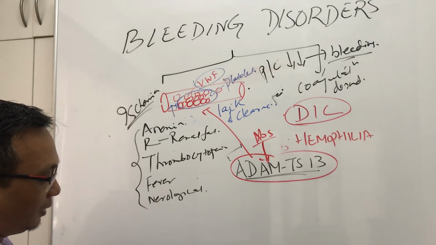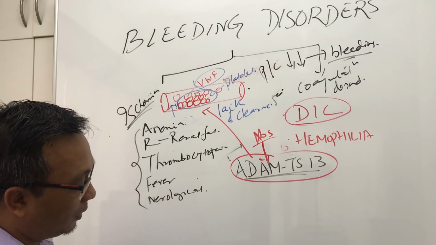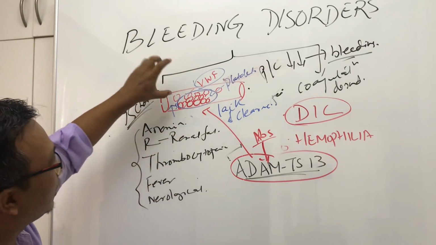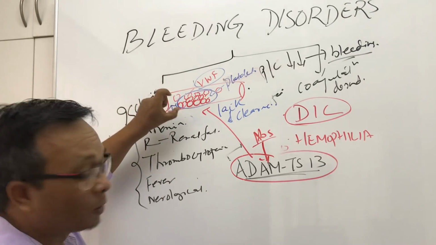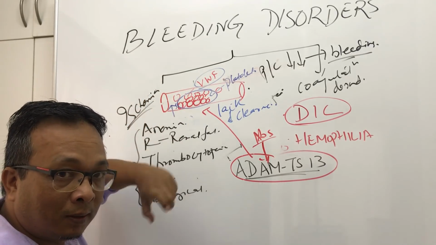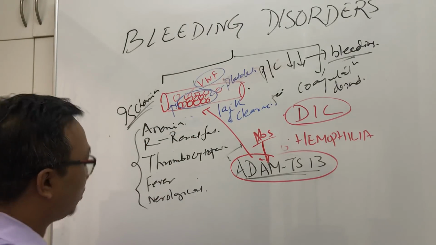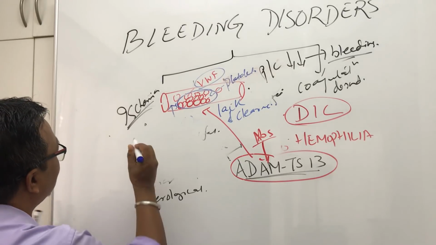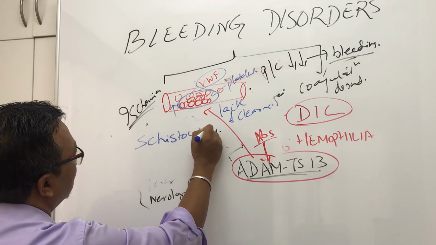So next we go for one more thing related here. When you get questions on thrombotic thrombocytopenic purpura in MCQs, you see that there is a finding of schistocytes.